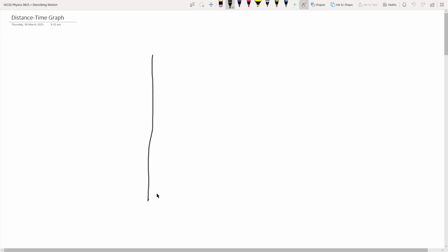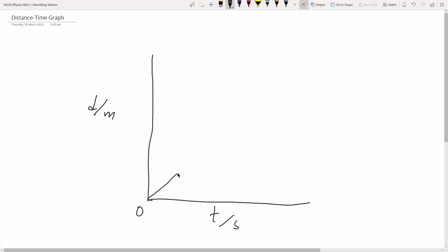Let's say if we have a graph, right? Now I'm just going to discuss the nature, so I'm not going to mark any values. The time is in seconds, the distance in this. So I'm just going to draw several lines. I'm starting from point O, which is at 0. So again I'm going to draw a straight line like this, right?